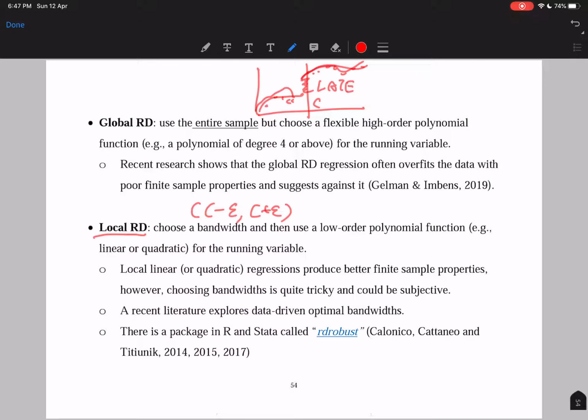Okay, so what is local RD? Again, we have a cutoff c here. You have some data, but we pick a bandwidth, and we only fit using a simple low order polynomial, like linear or quadratic, and then get the local average effect here.